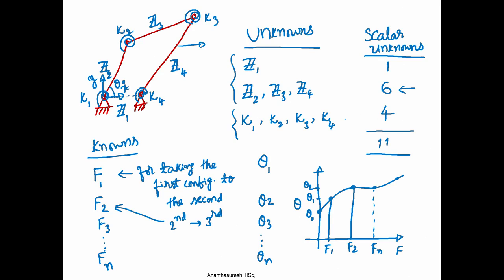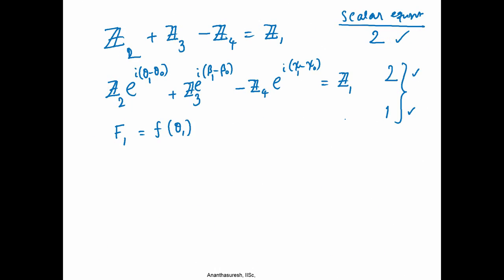Okay. In fact, if you do that, that will be a bit of a problem, because the kappa 1, kappa 2, kappa 3 are going to be in this nonlinear equation. These are also nonlinear because angles are there, but you will see the advantage of using complex numbers.